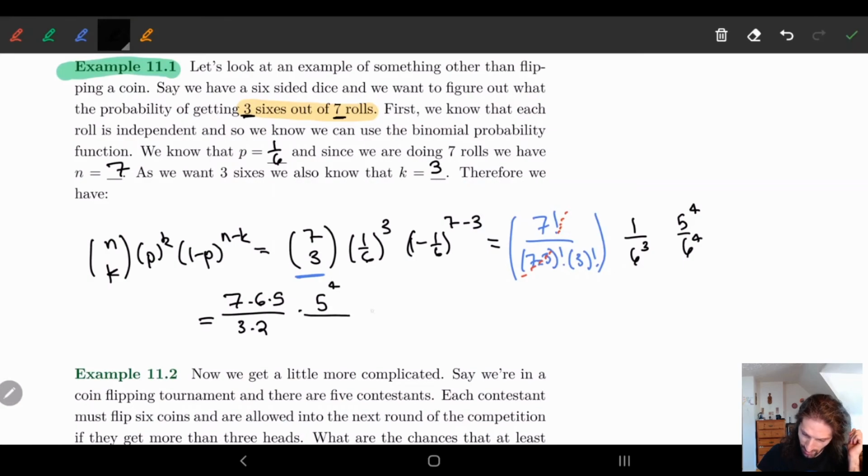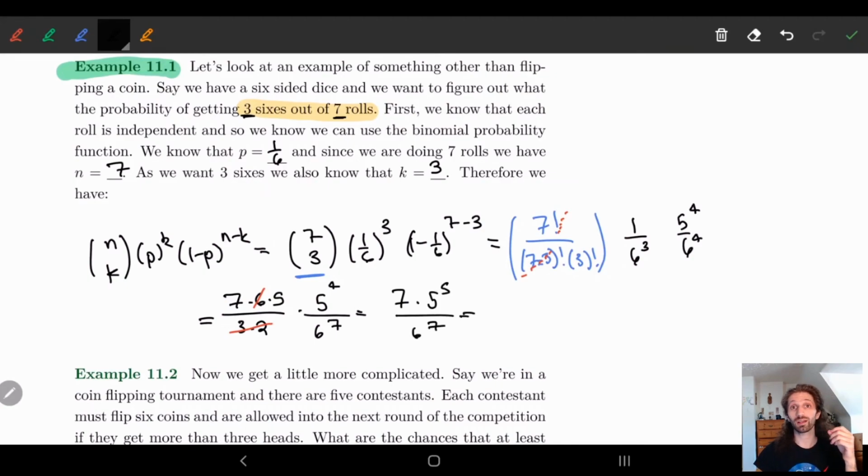Then I can put these 6's together, so we have 6 to the 7. 3 times 2 is basically 6, and we have a 6 on top, so I'm going to get rid of them. We're left with 7 times 5 to the 5 over 6 to the 7.